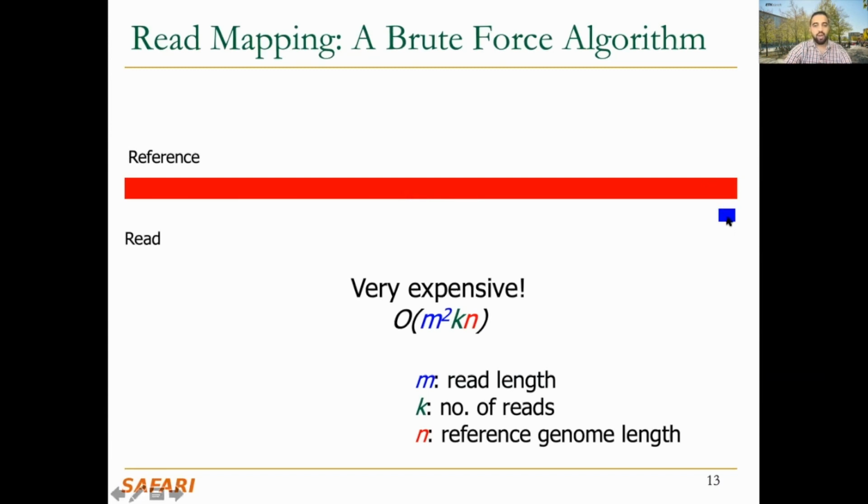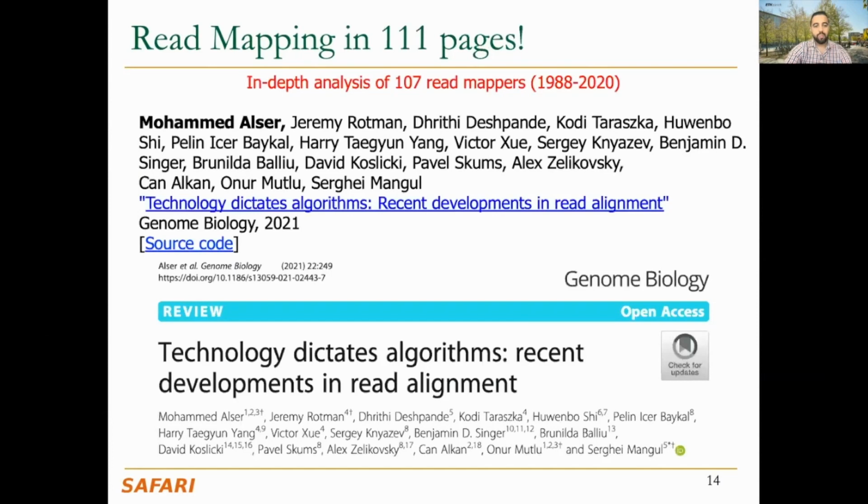For example, I require the 12th character all the way to the 20th character in the read to be exactly the same in any piece in the reference genome. So I keep looking for these 8 or 9 characters. If they are exactly the same as the read, I get, of course, a few locations in the reference genome rather than examining all locations. And that's why I call it kind of heuristic, because how do you know that these 9 characters are the same?